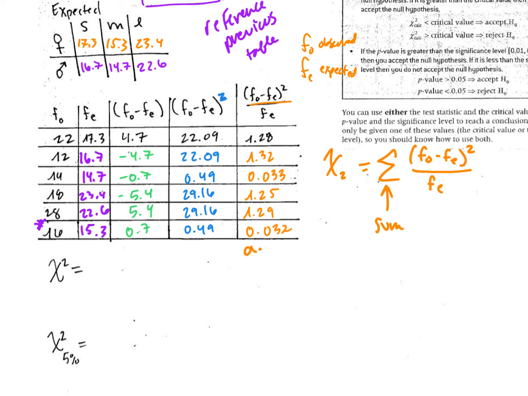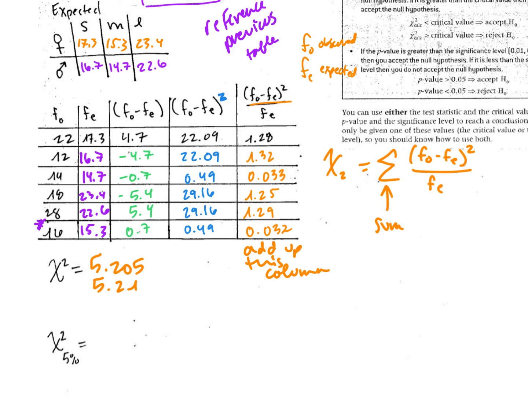So you're going to add up this column. So chi-squared, and again, I got 2 different values, which I'm surprised at. But when I did it, and I checked it, and I checked it, and I checked it, I got 5.205, which I then rounded to 5.21, 3 sig figs, if you will.